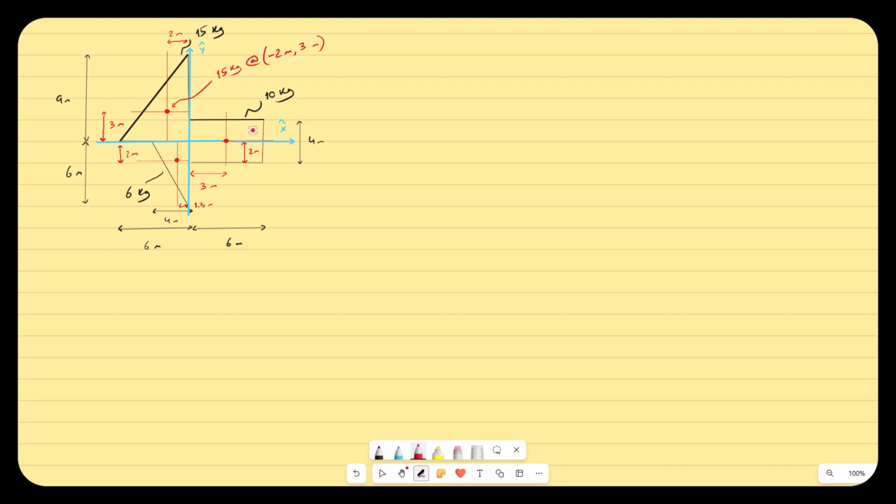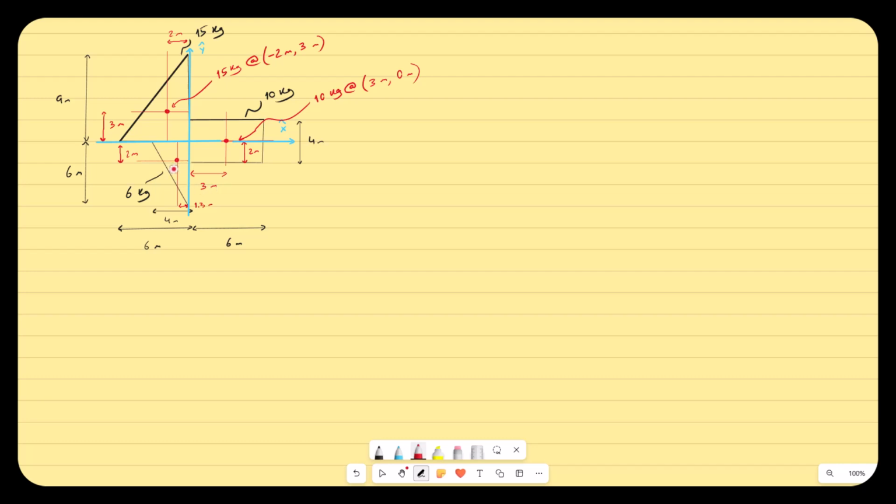My rectangle, this dot right here represents a 10 kilogram mass located at x equals 3 meters, y equals 0 meters. It's right on the axis.